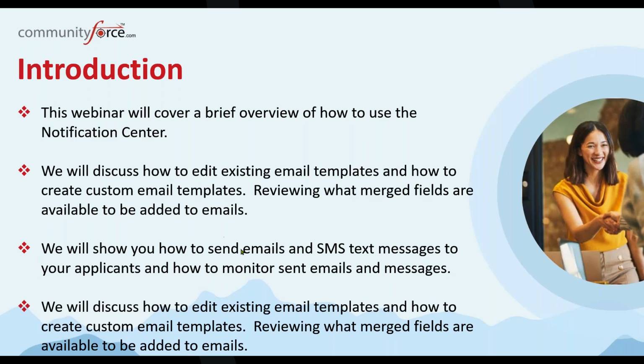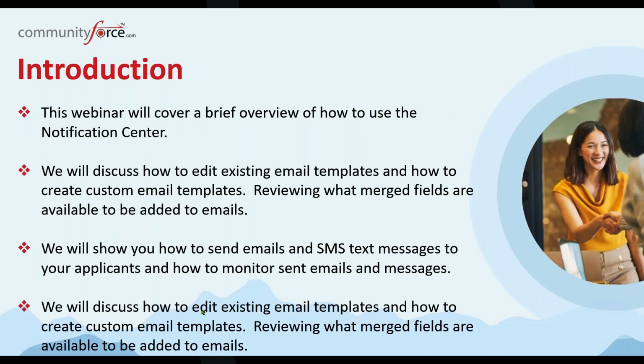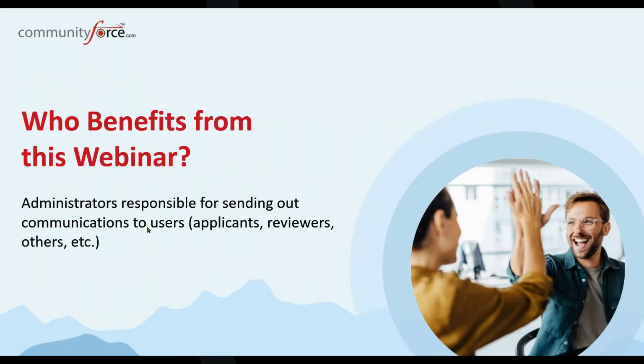And then we'll show you how to send emails. And then if you're using that SMS text messaging feature, if you have that on your system, we'll talk about how to send those messages to your applicants, as well as monitoring what has been sent. And then we'll also discuss how to edit existing email templates, and then how to review those as well.